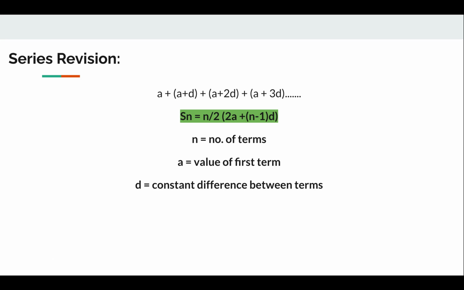So if it's Tn, we know we're working with a sequence, the general term of a sequence, and Sn is the general term of a series. This formula enables us to derive what the value of the series is for a given n number of terms.